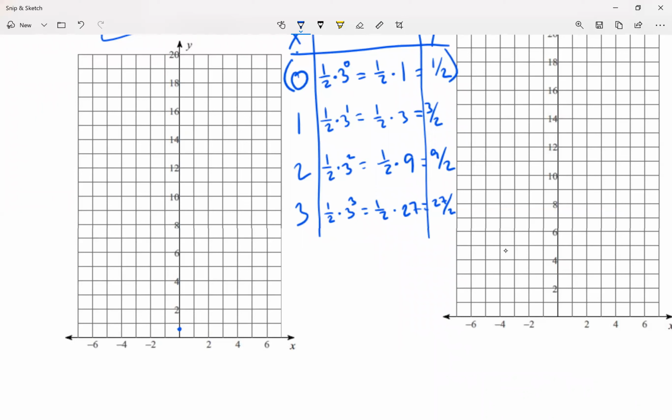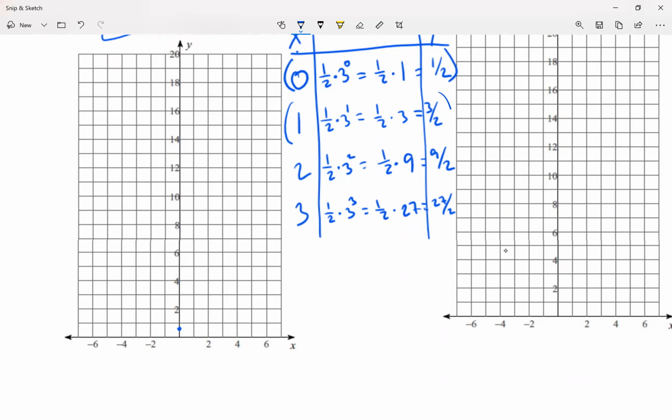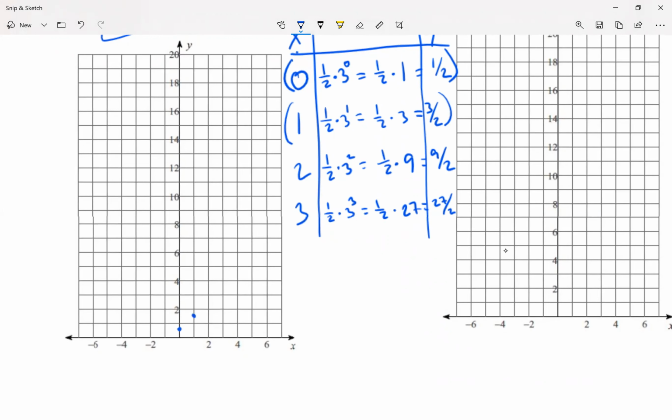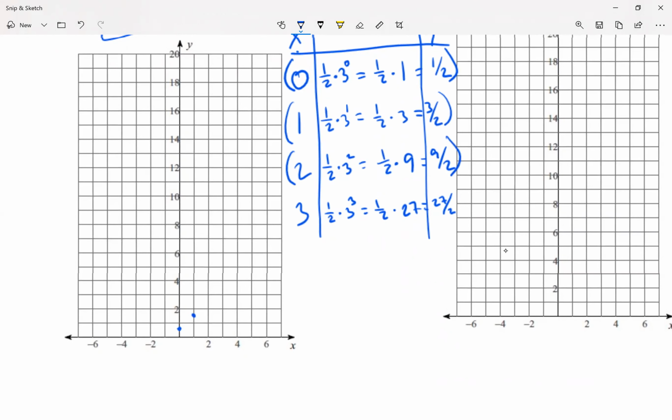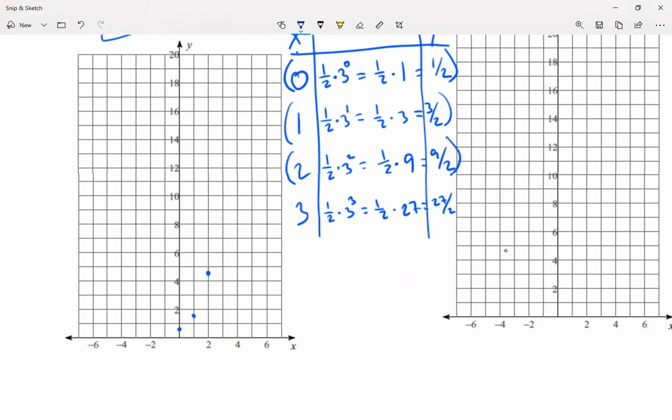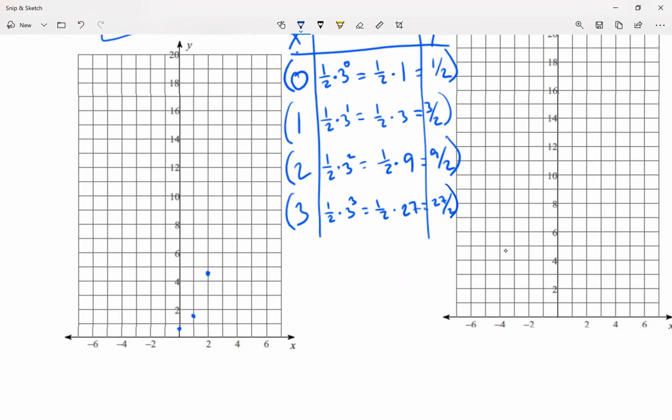My second point is x equals 1, y equals 1.5. That's about here. Then I have x equals 2, y equals 4.5. That's right here. When x equals 3, y equals 13.5.